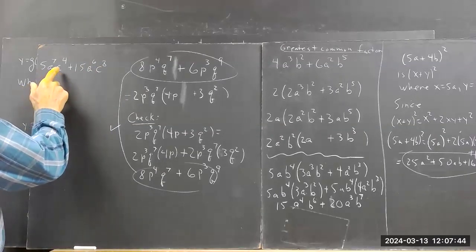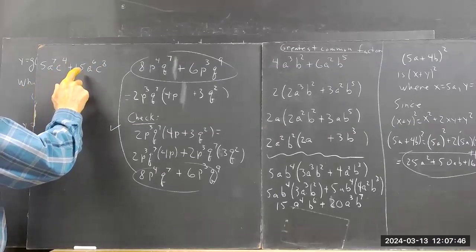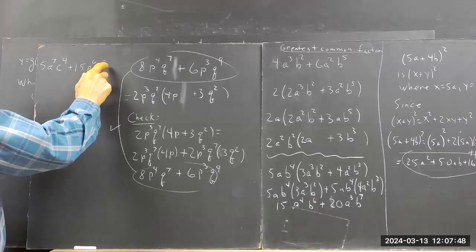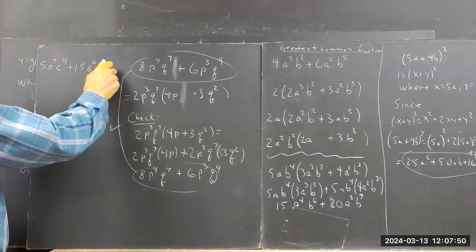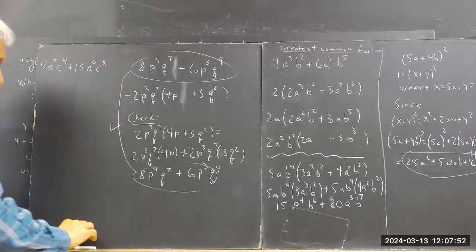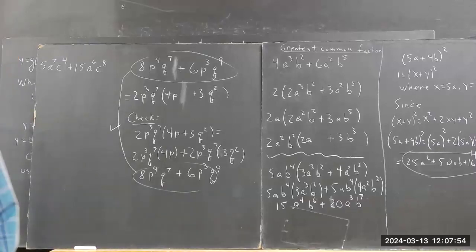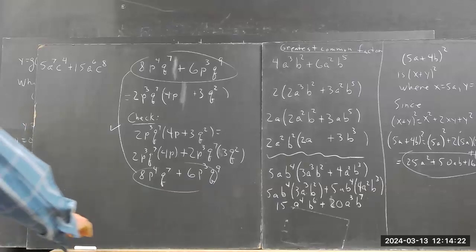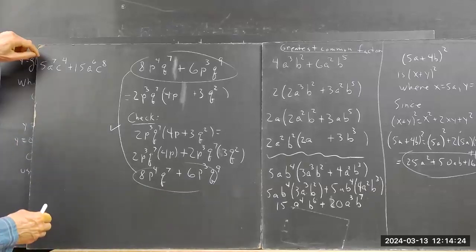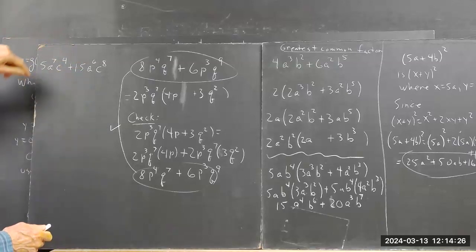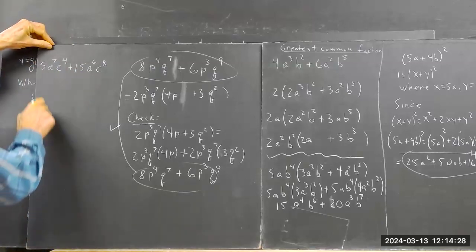If 5a to the 7th c to the 4th plus 15a to the 6th c to the 8th. Okay, for this one, you got 5 and 15 here. You can divide each of these by 5.